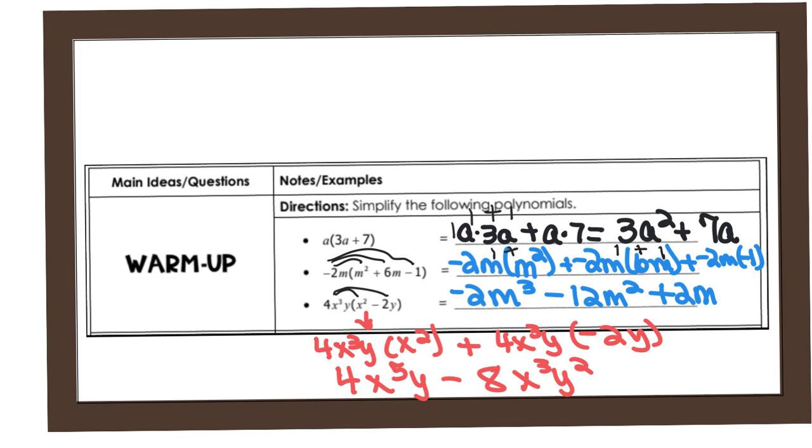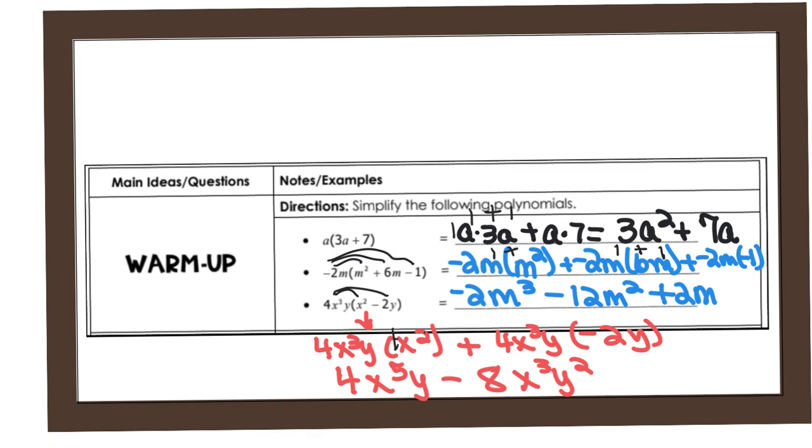I multiply 4x cubed y times x squared plus 4x cubed y times negative 2y. Simplify the first product. I have 4 times 1, which is going to be 4. X cubed plus x squared, I add those exponents to get x to the 5th, and I bring down my y term.